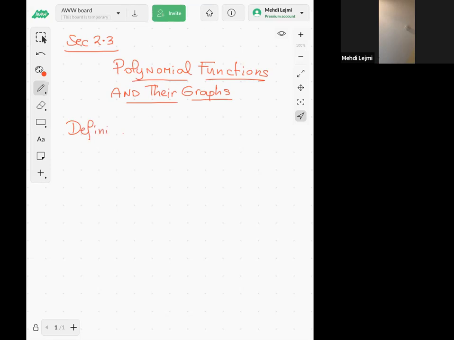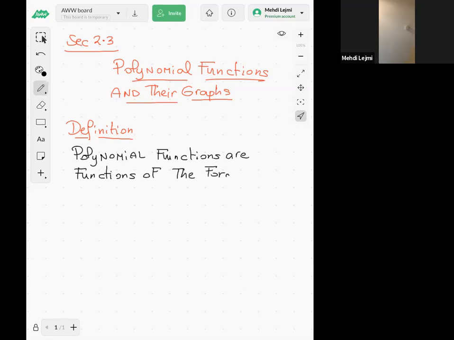You should think of a polynomial as a combination of powers of x. Whenever I have just powers of x, then that would be a polynomial. So polynomial functions are functions of the form f of x equals a subscript n times x to the power n.